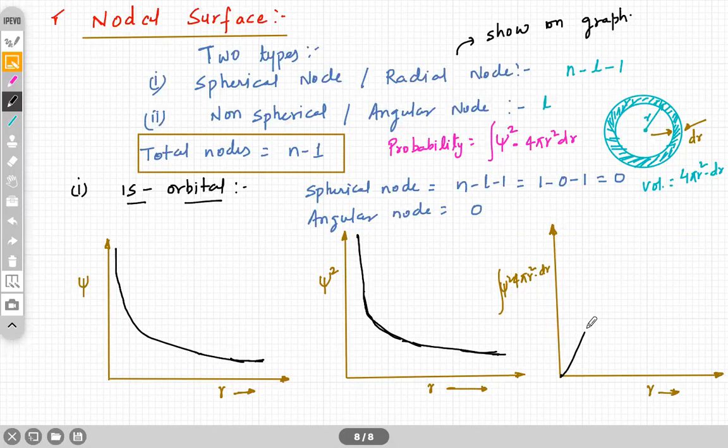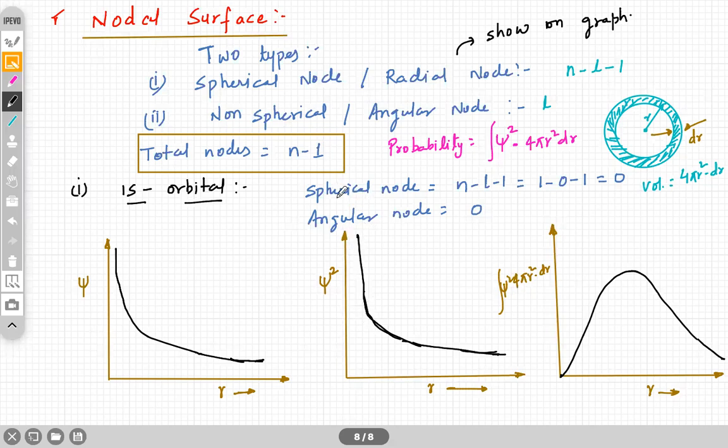It won't touch the x-axis, where the probability would be 0. For 1s orbital, there is no nodal surface here. That's why it won't touch the x-axis; it is an asymptote here.